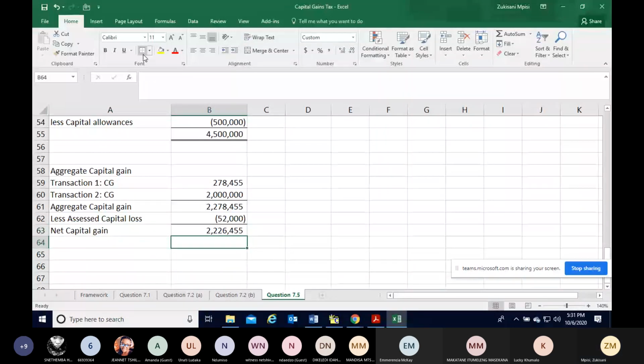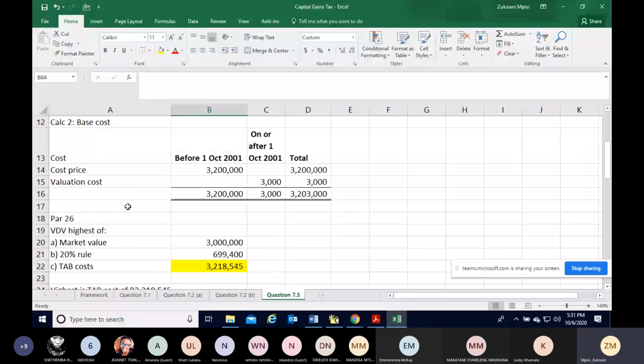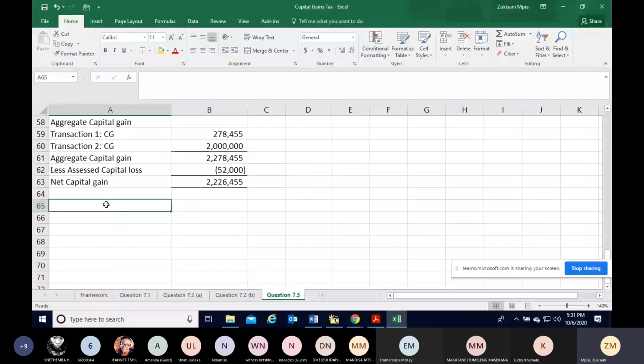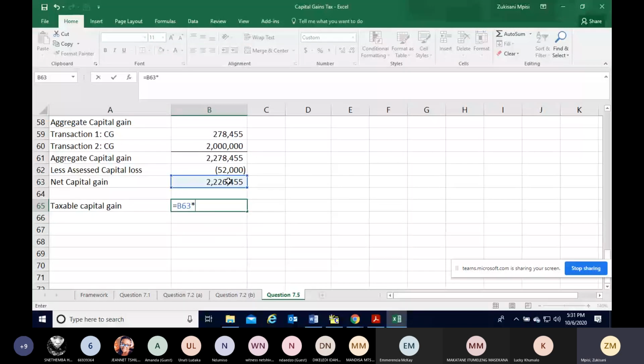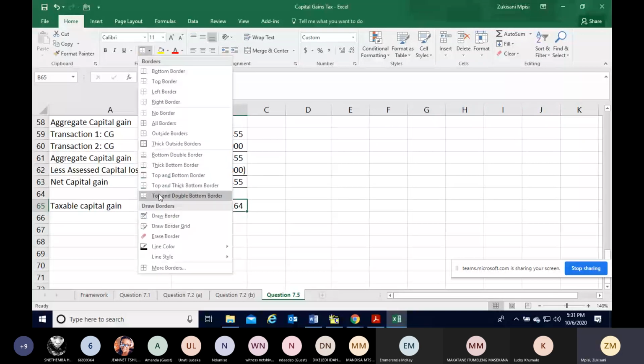Now remember, in this question, what will be asked is to calculate the taxable capital gain. So to calculate the taxable capital gain, you say this amount multiplied by 80%, which gives you 1,781,164.